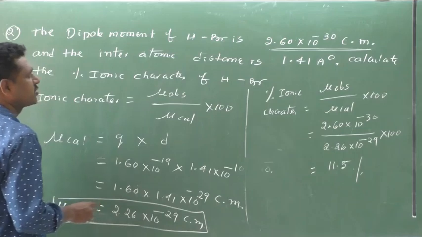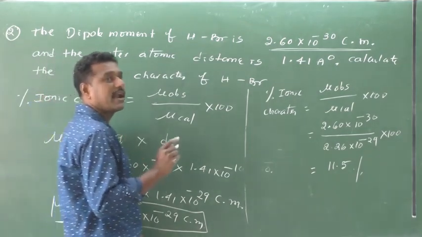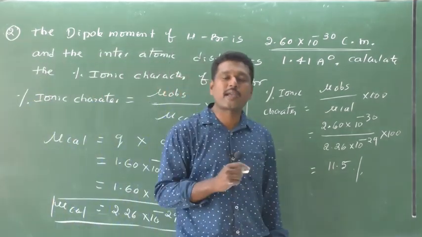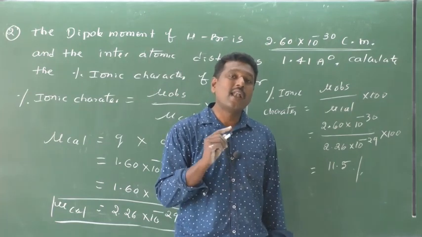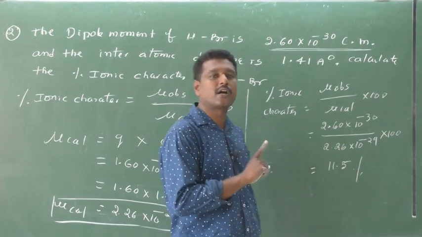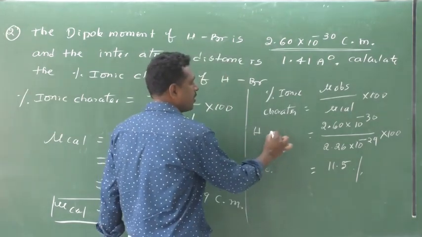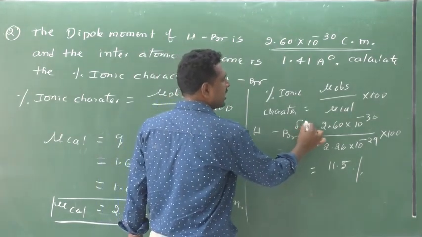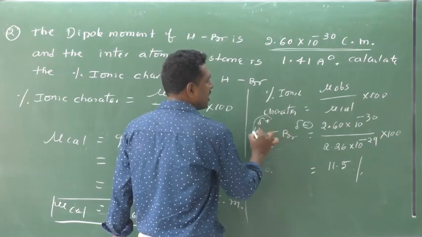In case of HBr molecule, 88.5% covalent character is there and 11.5% ionic character is there, because two ions are there. Here this is negative ion, this is positive ion.